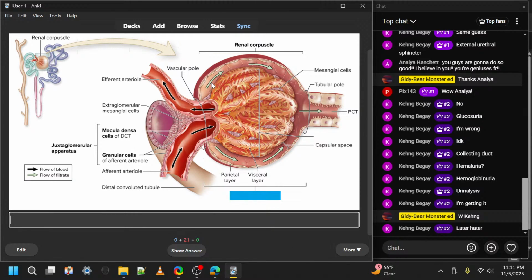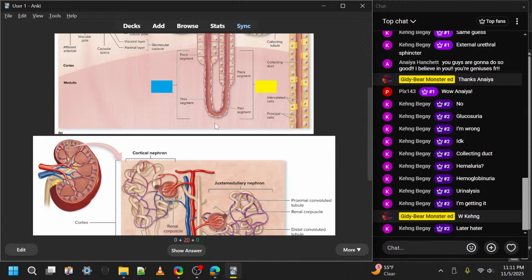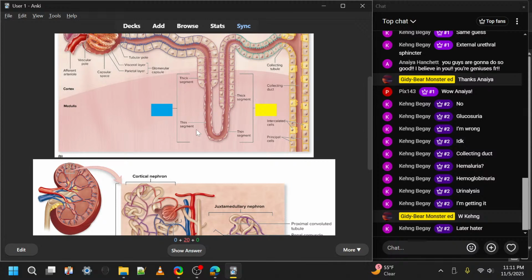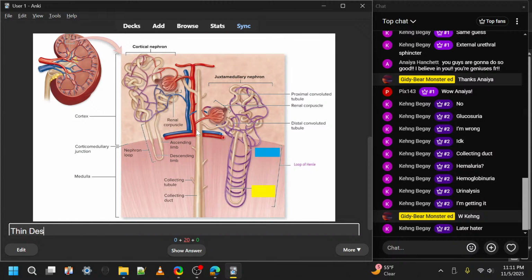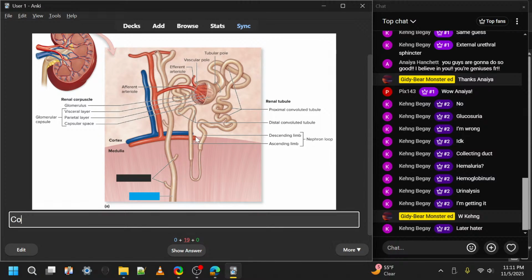Alright, so this is the glomerular capsule. The blue is the thin descending limb. This is the collecting duct.